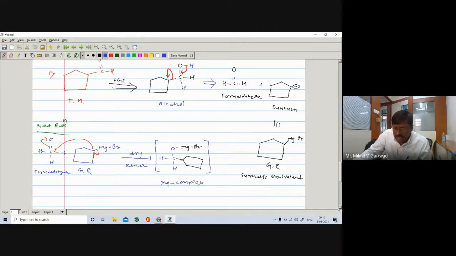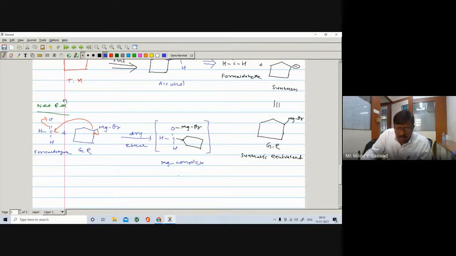The magnesium complex is unstable, so you have to write it in the bracket. It is your Mg complex, magnesium complex. This magnesium complex further undergoes hydrolysis, addition of water in the presence of acid. How does it undergo hydrolysis? There is a bond between the oxygen and magnesium, O negative, Mg positive.